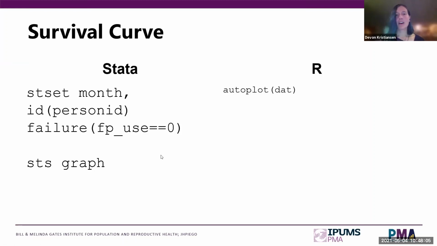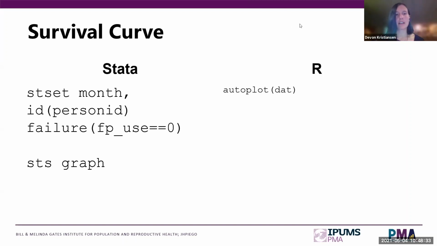Excellent. So after all of those little steps, then we can, in Stata, specify what the parameters of our survival analysis are. So I'm first going to tell Stata that month is the time variable that I'm interested in. And then I'm telling it that the variable person ID tells it which observations to group together because they're the same person.